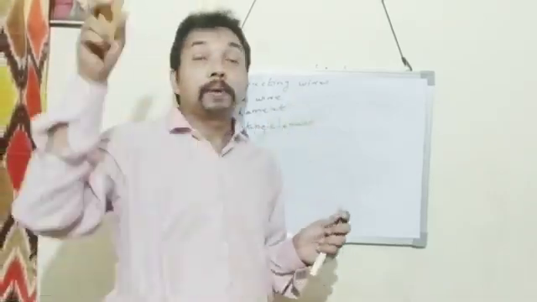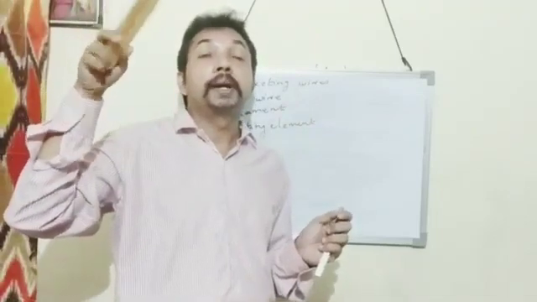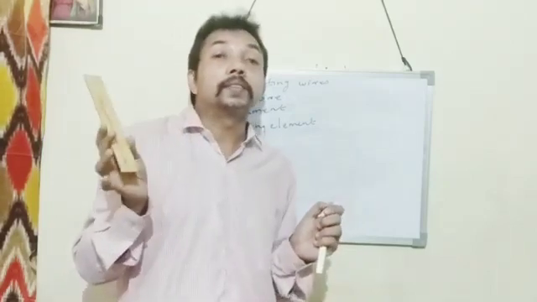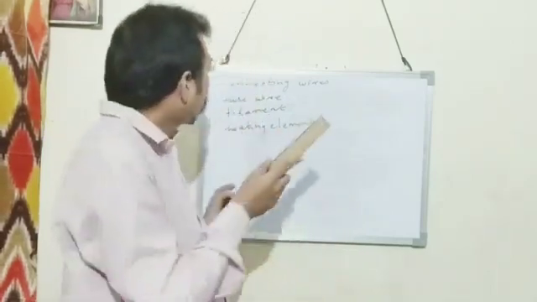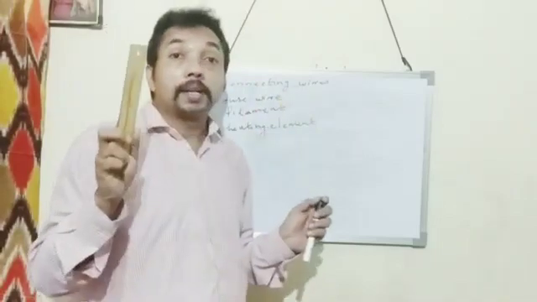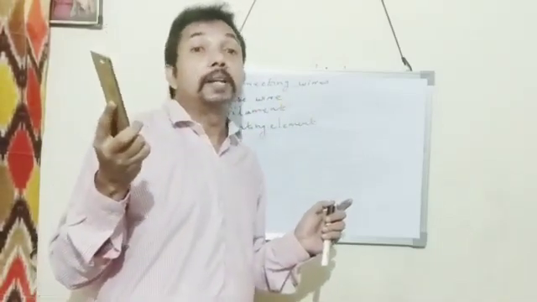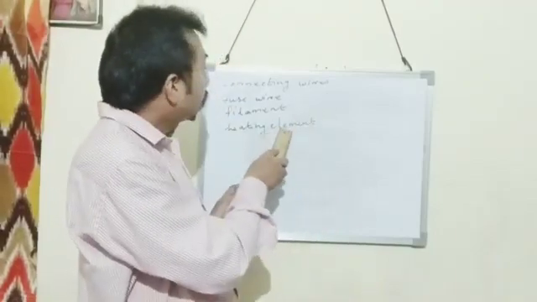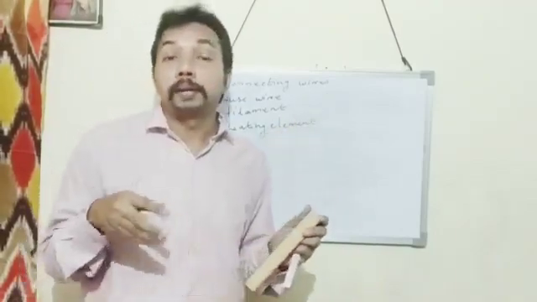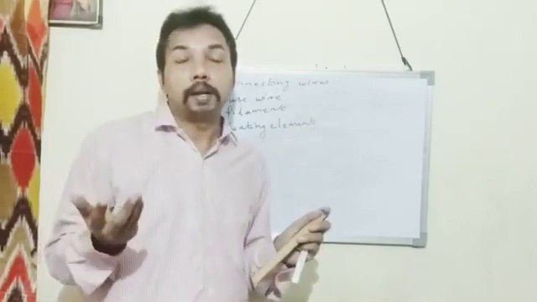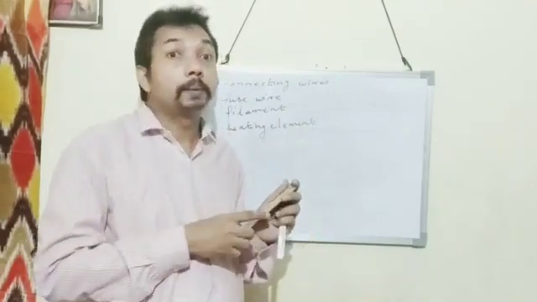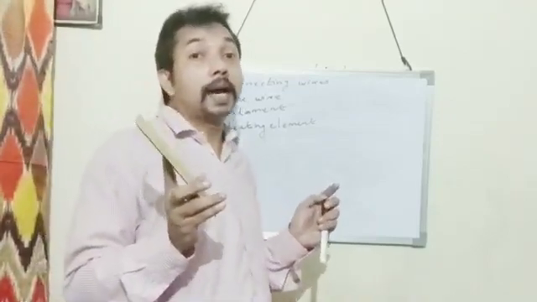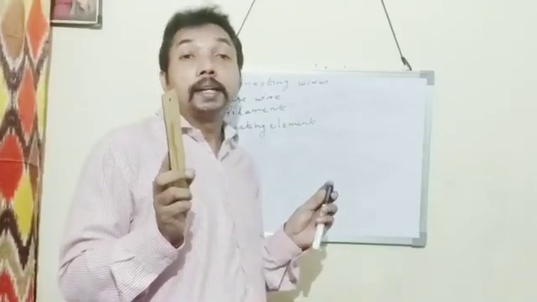Then the filament of an electric bulb is made up of tungsten, because tungsten has a high resistance and a high melting point, so it won't melt soon. Then the heating element of a coil is made up of material like nichrome, because nichrome has a high resistivity.